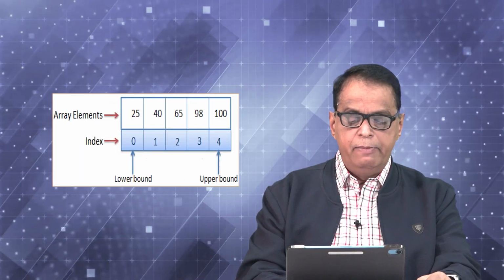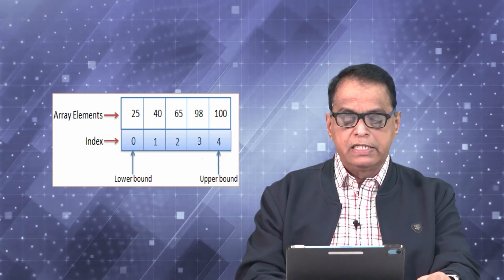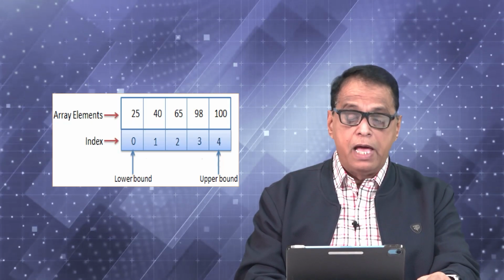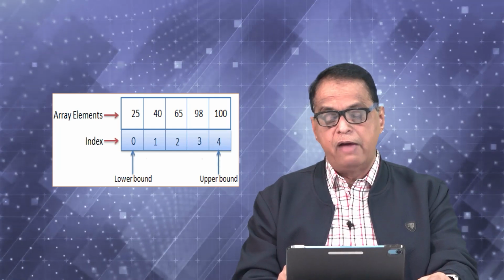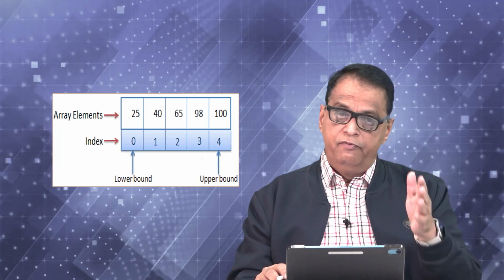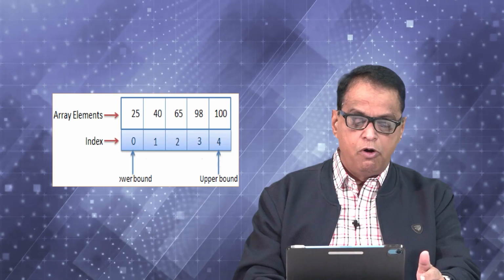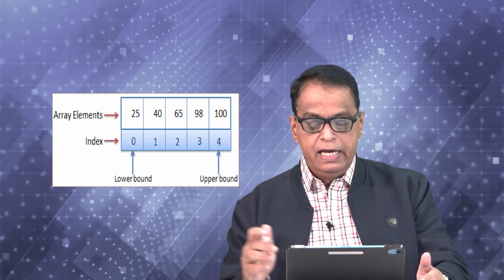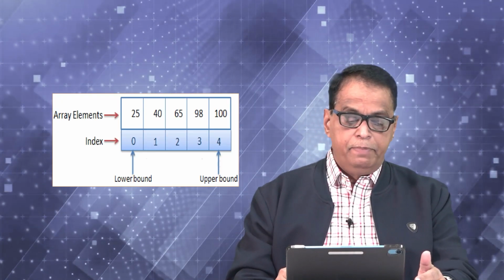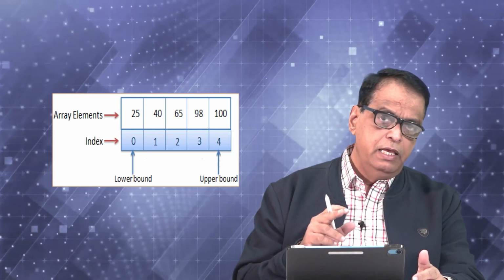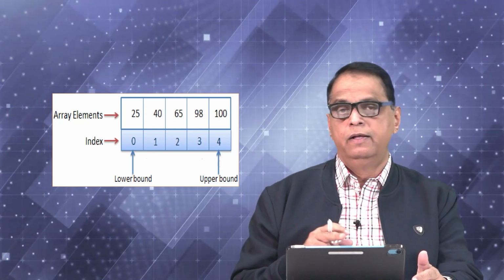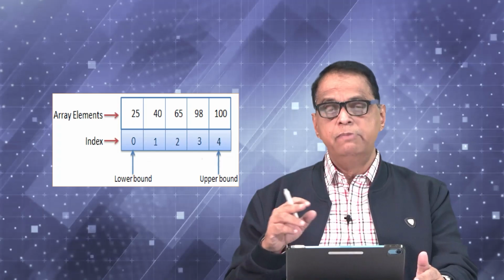So every element in the array is associated with an index value. Normally the first element of the array will have the index value 0, the second element will have the index 1, and in this way the fifth element of the array will have an index 4. The first index 0 is normally called the lower bound, and the highest index is called the upper bound. These define the number of elements of the array. An array is normally used for a collection of data which are similar in nature.